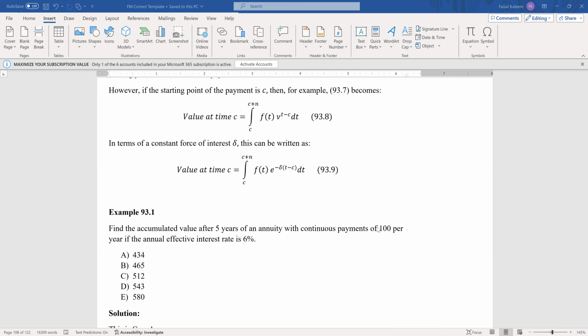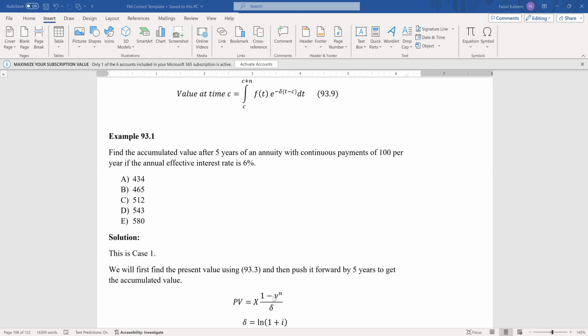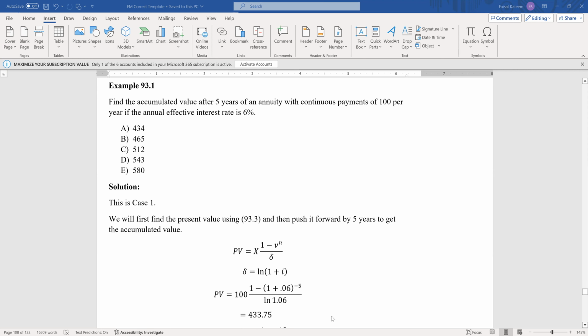So this is case 1. Remember, in case 1, the formula for the present value is x times 1 minus nu to the n over delta, where x is the total payment in the year. So here we have a payment of 100 per year, so x will be 100 in this case.